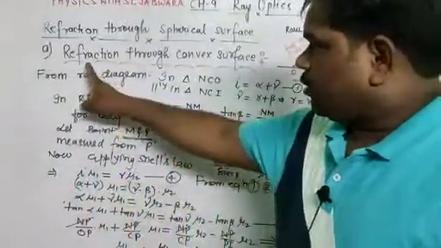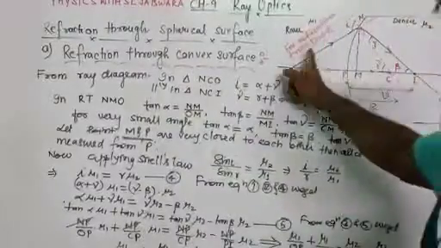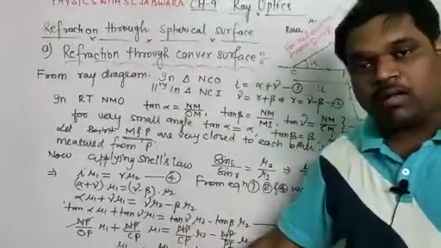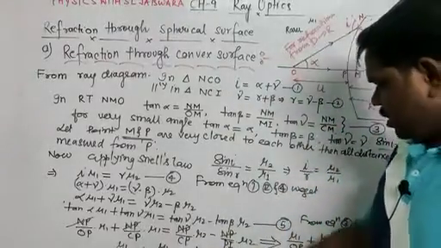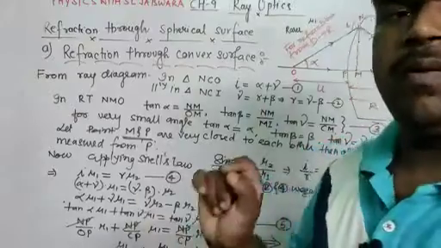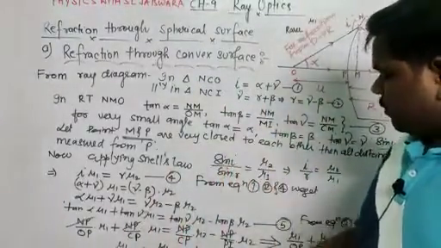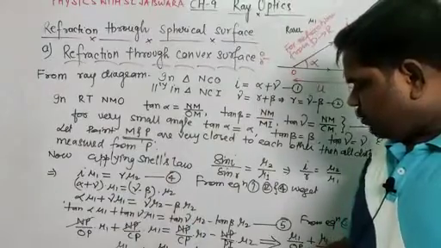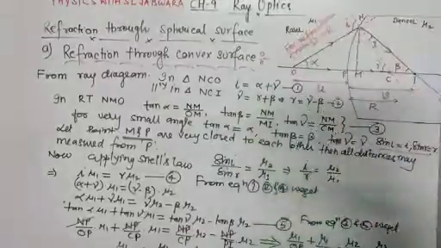So what will be the formula for refraction through a convex surface from denser medium to rarer medium? mu 1 upon V minus mu 2 upon U is equal to mu 1 upon R minus mu 2 upon R. It can be written as, in case of D to R, mu 1 minus mu 2 upon R, you can write it this way also.